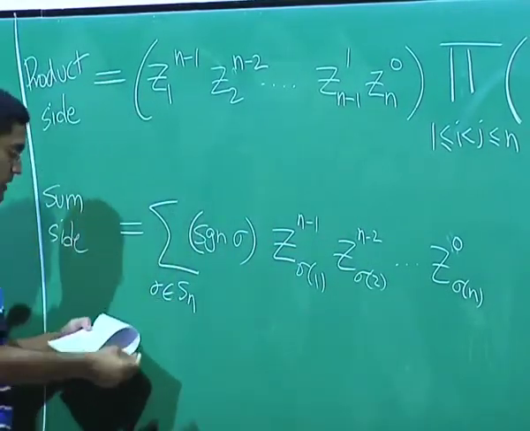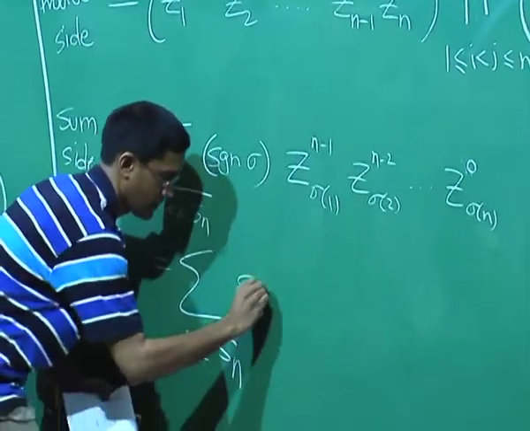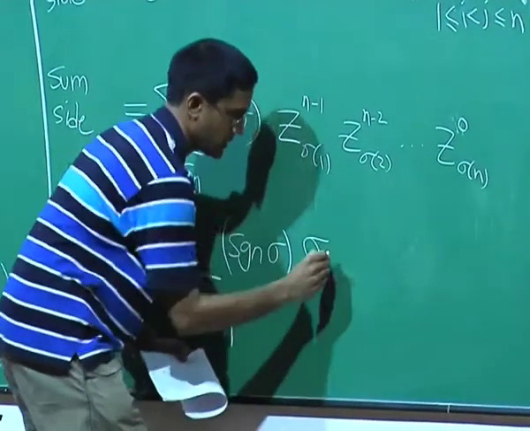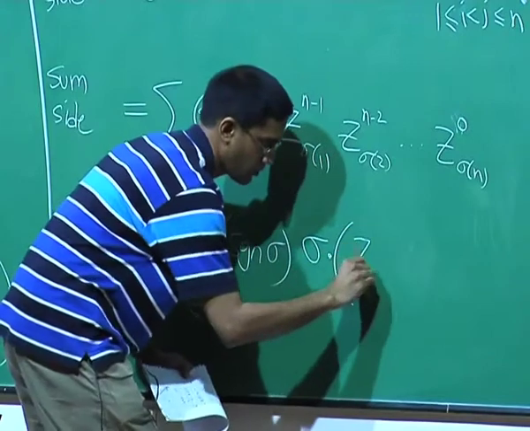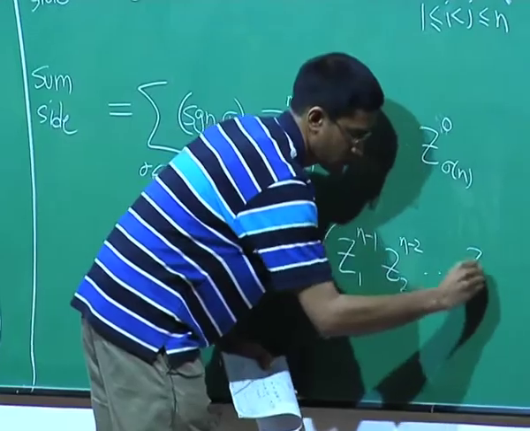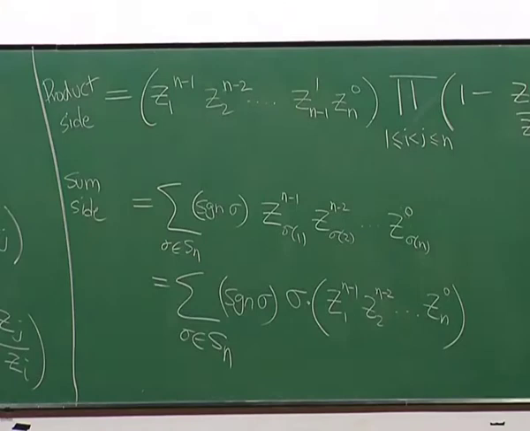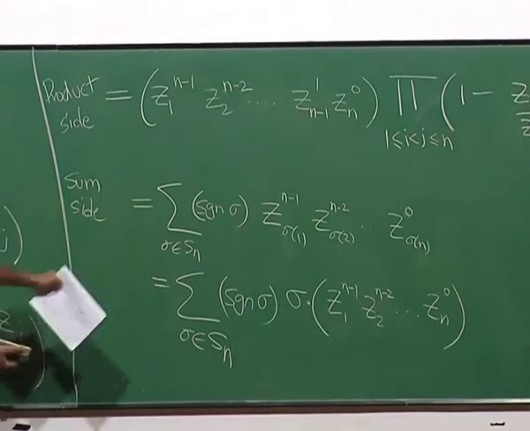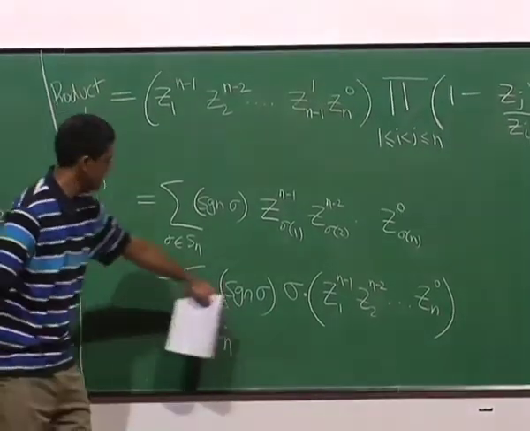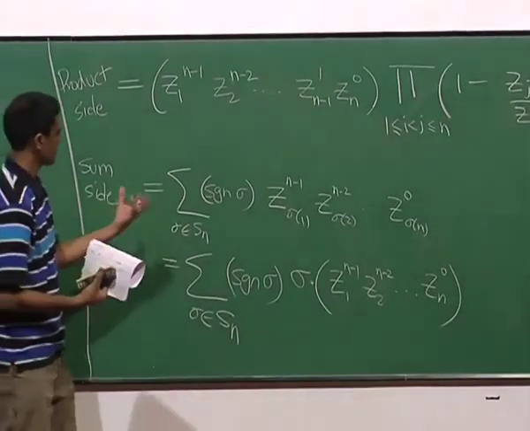So let's rewrite this, and I will think of the resulting thing as sigma applied to the monomial z1 to the n minus 1, by which I just mean z sigma 1, z sigma 2 and so on. So this is the sum side and that's the product side of the identity. Our identity says that this sum equals that product. I've done this so that there is a little more symmetry.